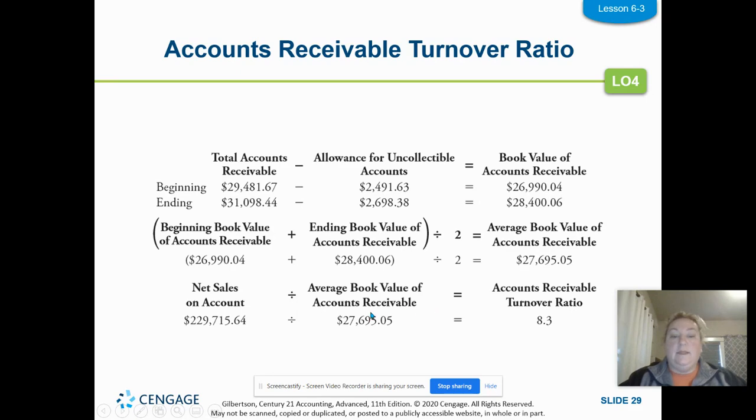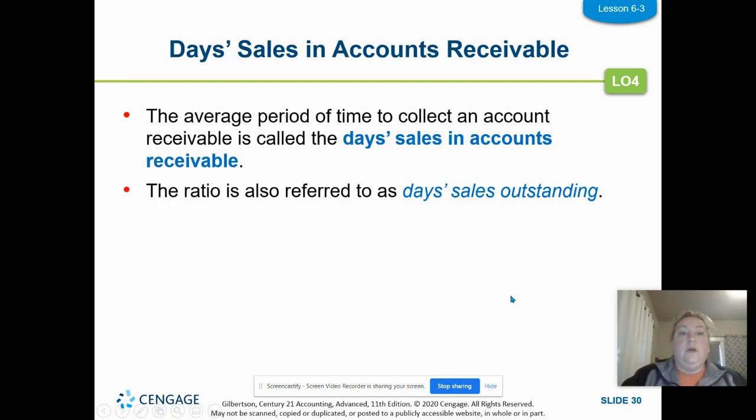So that means that the amount gets paid over and over again, on average 8.3 times. So they're charging around this amount 8 times a year. That's what that ratio means. So on here are days of sales in accounts receivable.